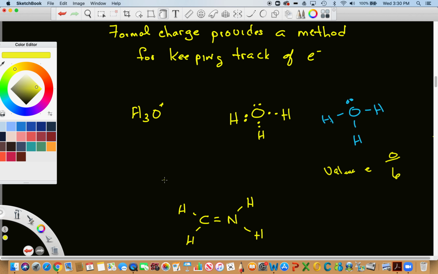Now, the books usually provide a mathematical model. That's too complicated, so I do what I call my scissor method. Any bond, I just cut it in two with scissors. Now, how many electrons around it?